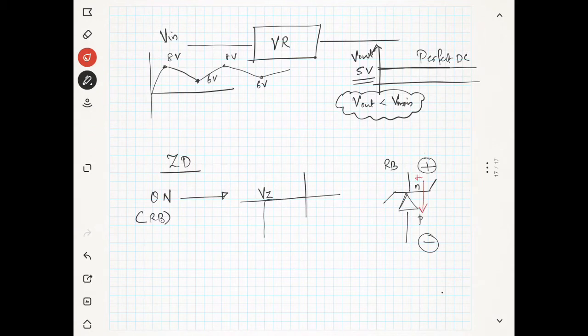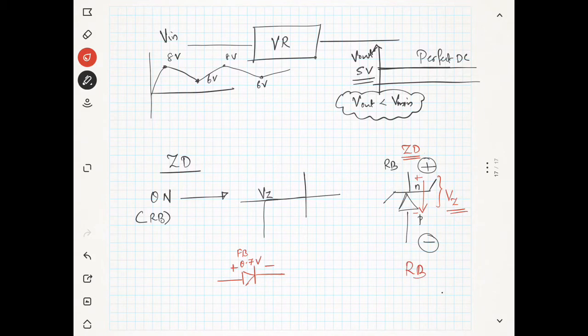You will get a positive sign here and a negative sign here, and the voltage appearing across the Zener diode will be Vz. In a standard diode, when it becomes forward biased, the voltage across the diode will be 0.7, but in a Zener diode the voltage across the Zener diode will be Vz, and it is working in reverse bias.